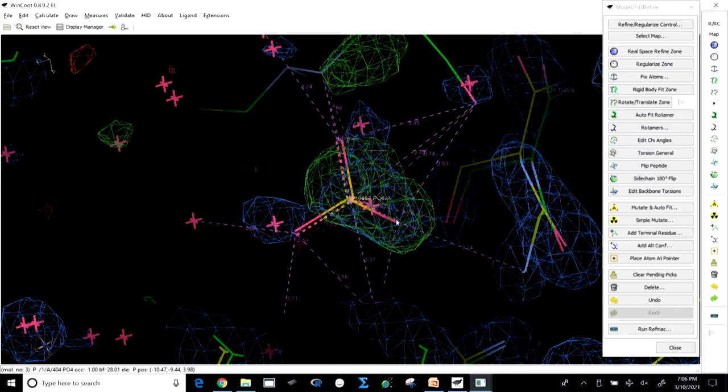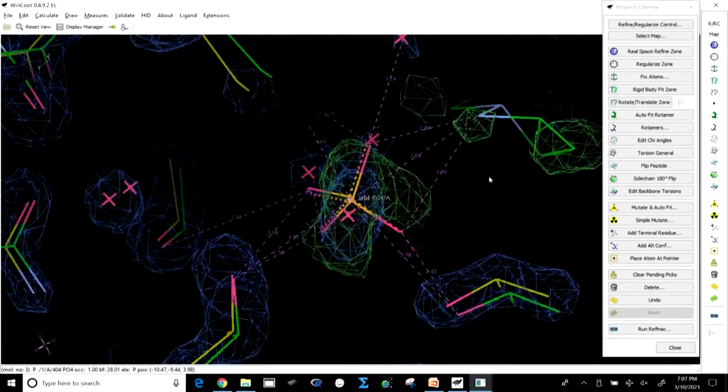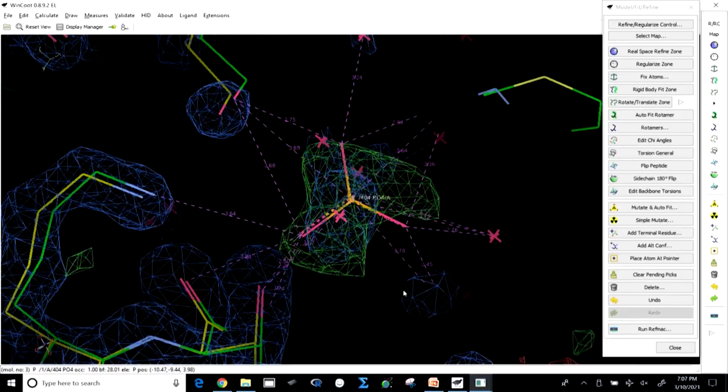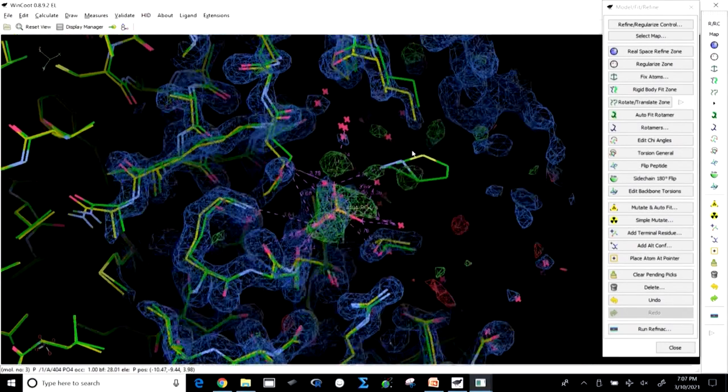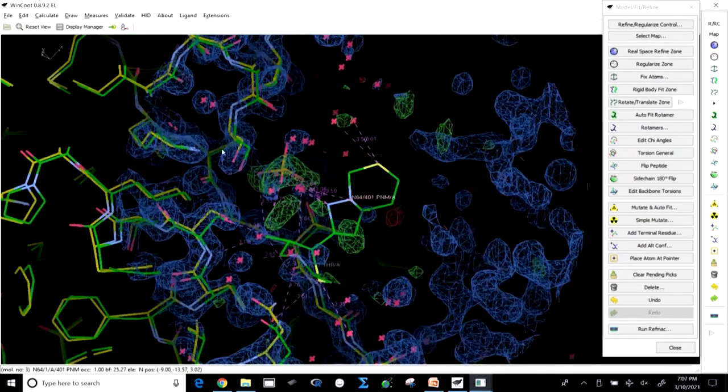The phosphate was not correctly modeled in the first structure, the apo structure, and that is why they get a big green density. You could also see that the phosphate has moved. The movement is because this phosphate is very close to the substrate. When the substrate comes, it pushes the phosphate, and the phosphate takes a nearby conformation, the same position but a little bit moved.